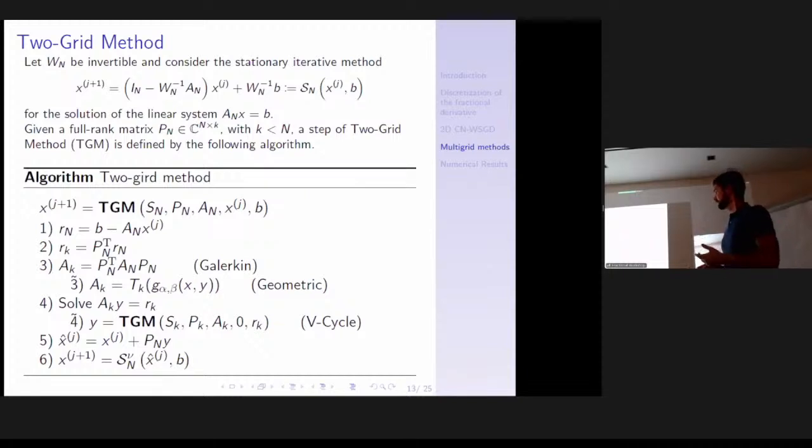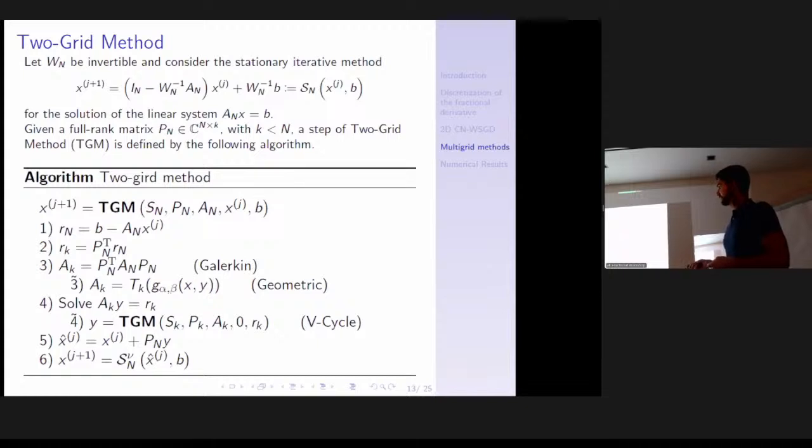So two-grid consists in computing the residual, projecting the residual over a coarser grid, projecting the matrix over a coarser grid, solving the approximated error equation over the coarser grid, which is less computationally expensive, projecting back the solution over the fine grid, applying the correction. And at the end, we perform a few steps of a smoother.